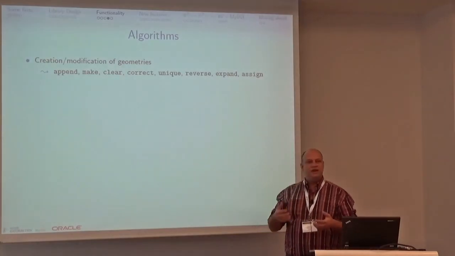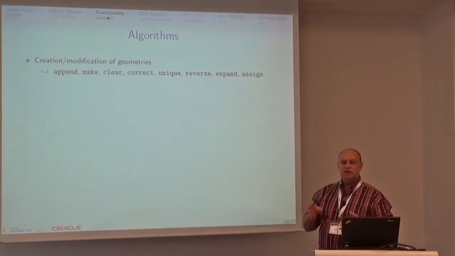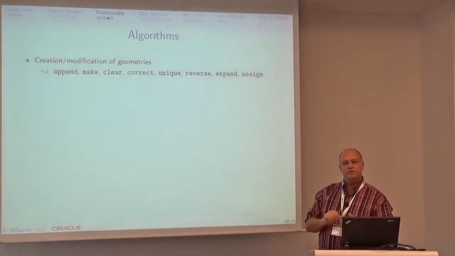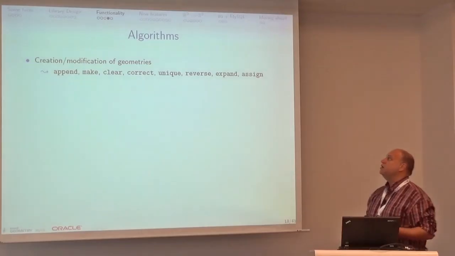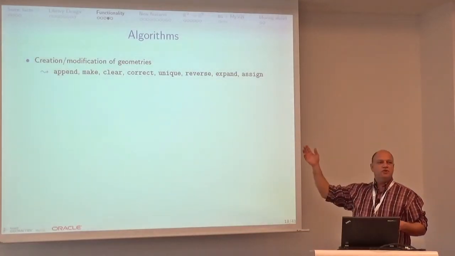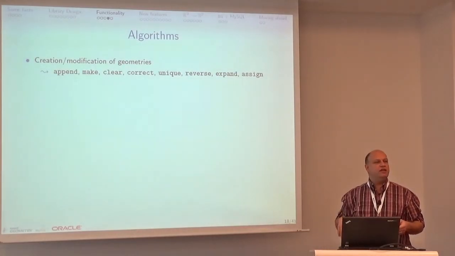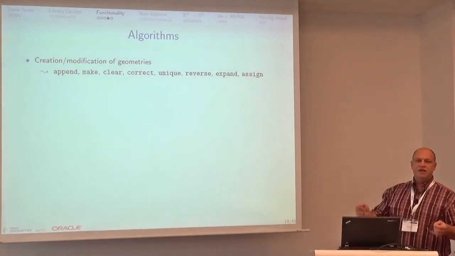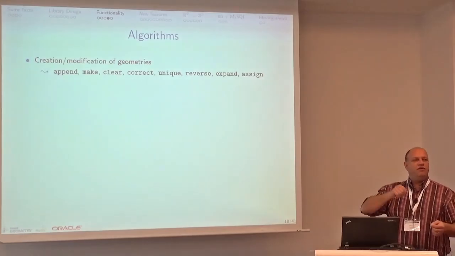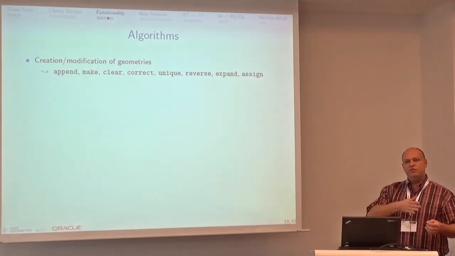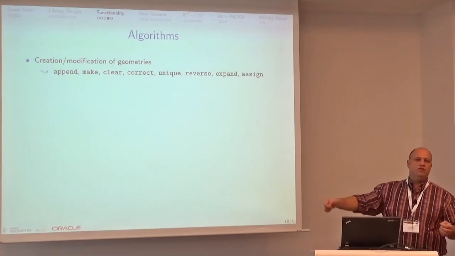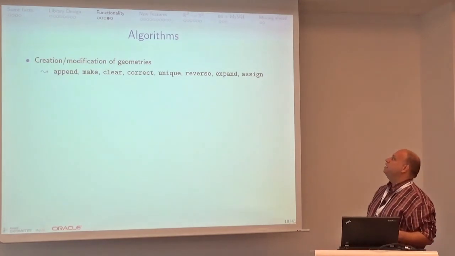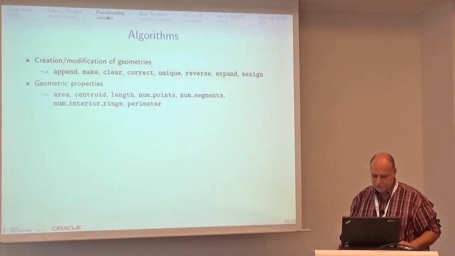Correct tries to modify the geometry so that if you have defined it in the wrong way or not consistent with the concept of the specific geometry, it tries in some cases to make it correct. Unique is able to throw away consecutive duplicate points of your geometry and make it simple in terms of representation and storage. Reverse basically says, if you have defined your geometry in one way, then go in the other way. So if it's a series of points, then look at the points in the reverse order. And there are a few more also.